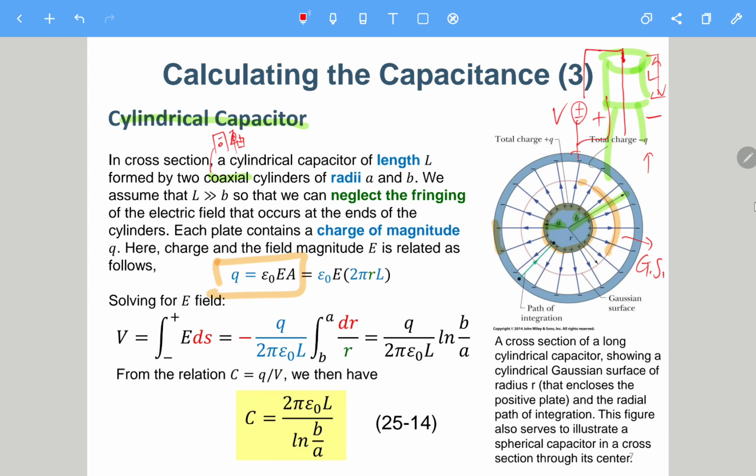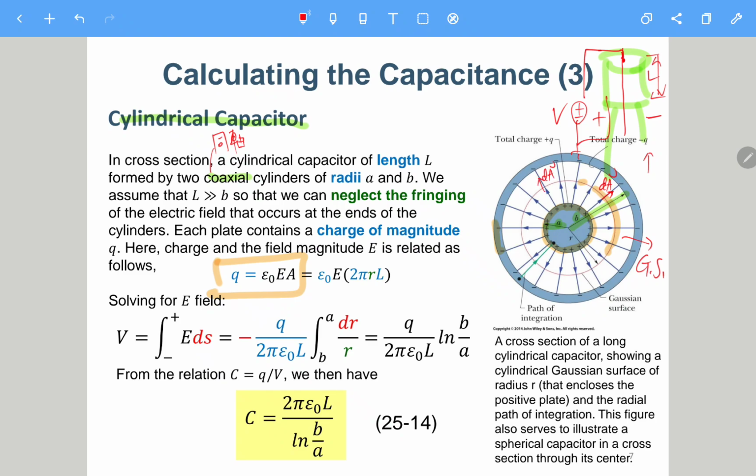Also, this one is positive and this one is negative. As this is symmetric, the E field is pointing outward from the positive plate to the negative plate. And dA also points in the same direction.